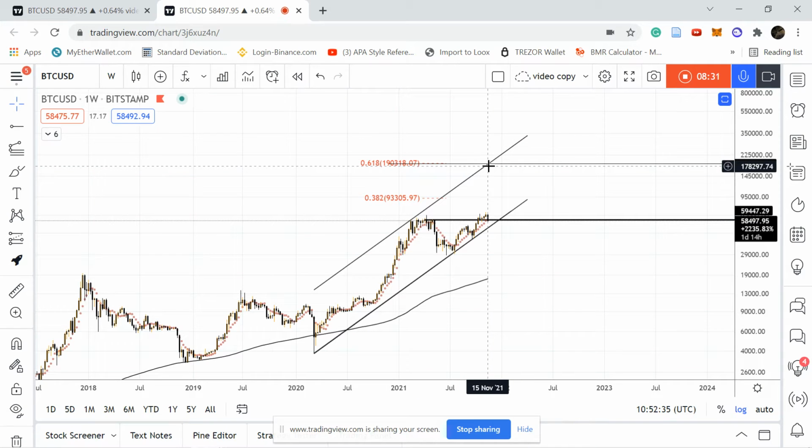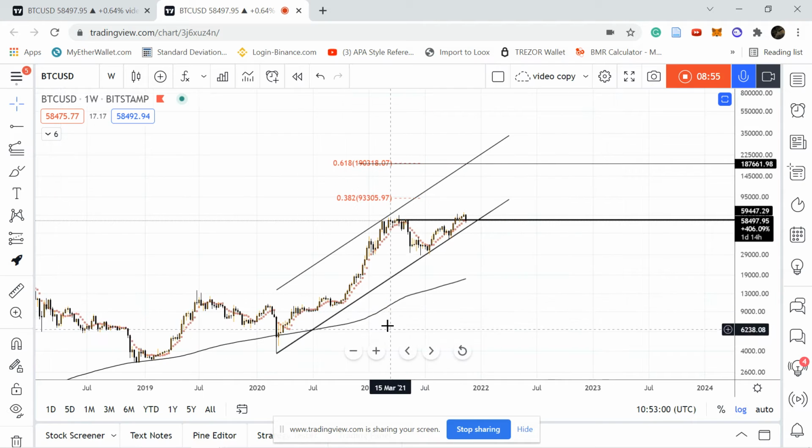If we check, 0.618 is 190k. So this is exactly in line with the target that I was talking about before with you guys, and I've been yelling at it from, I think, not even July, earlier, in June. Okay, so this is my target.